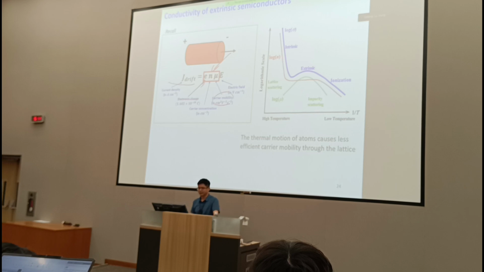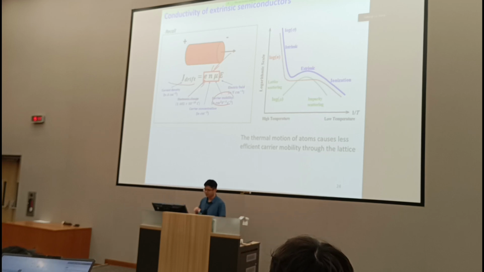Another important factor is the carrier mobility. You have heard about high mobility and low mobility, right? High mobility means that the electron can propagate inside materials with less resistance, right? The high carrier density, of course, is good to reduce the energy consumption when your electrons travel across your material.